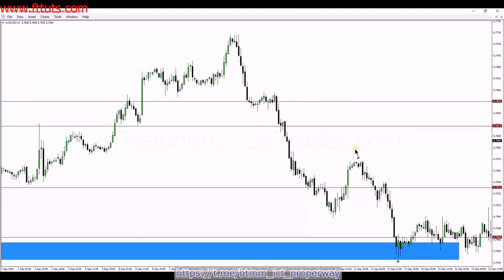Then we have equal highs again, so we could be looking for that as a liquidity pool. And we can look up here for another objective if we want to look for a really long-term type scenario.